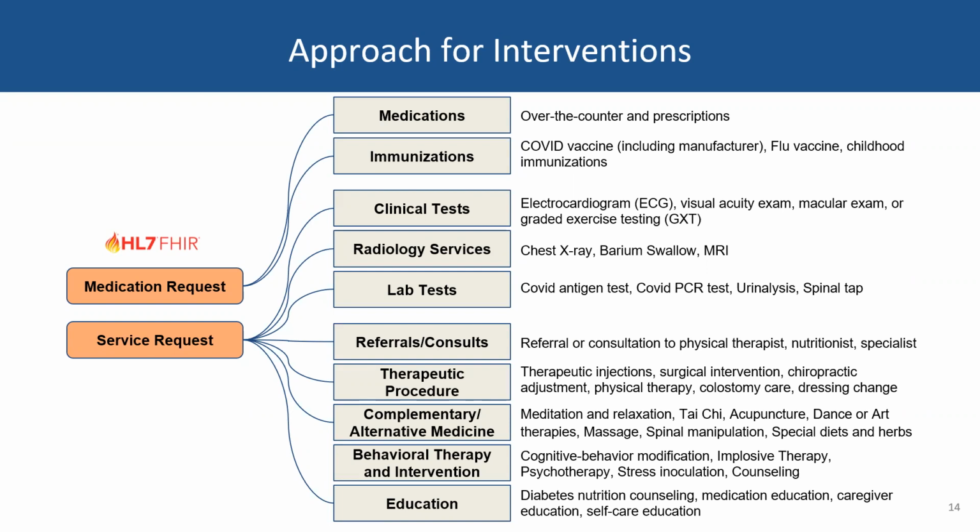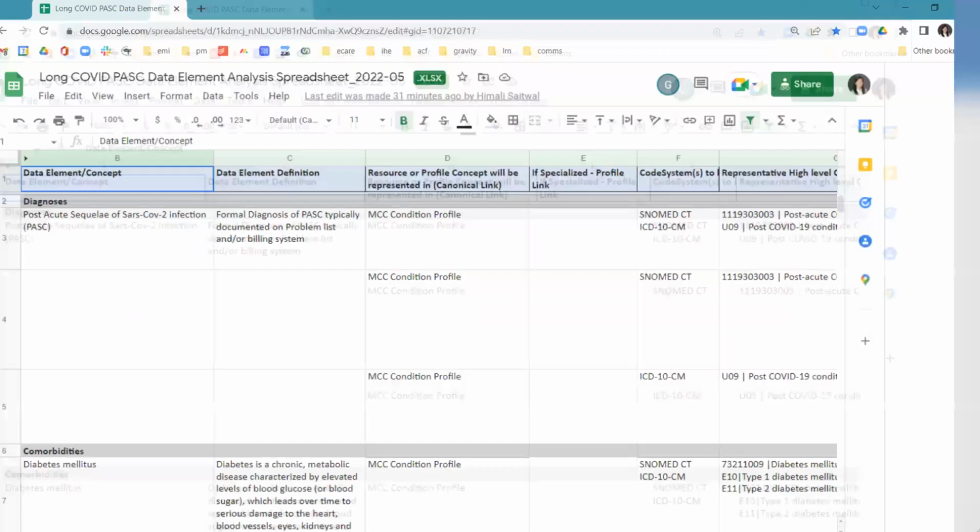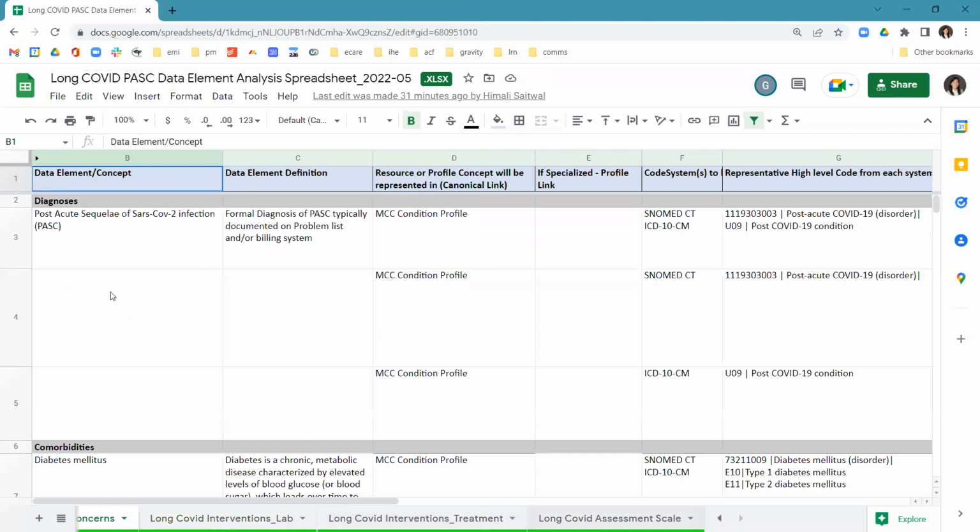Okay. All right. I will move us on to the last piece, which are the assessment scales. So you may have noticed, if you had a chance to look at the analysis spreadsheet, there is an entire tab dedicated to assessment scales. So we just had a few specific questions on this.